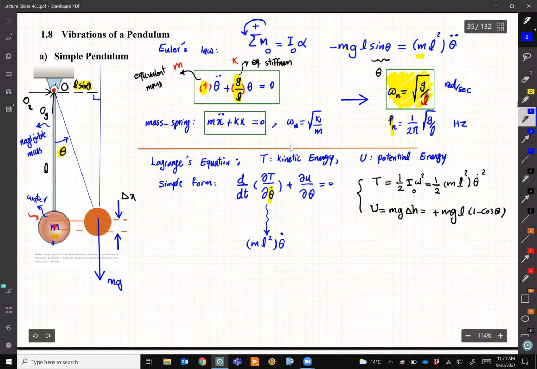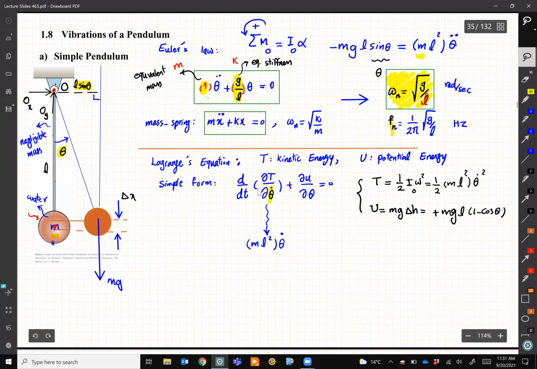If in this equation I had an extra term, for example, let's assume 2 theta, the derivative of T with respect to theta dot would still be the same, because this is theta, not theta dot, and we are taking the derivative with respect to theta dot. We will see problems like that soon, so you will get it, and it's easy.